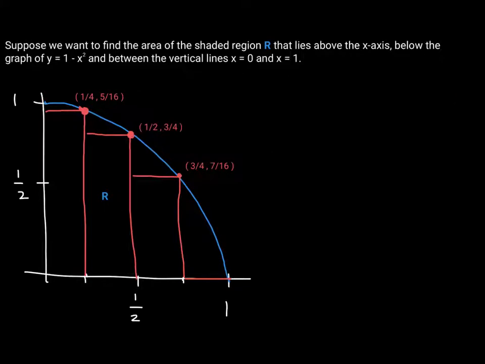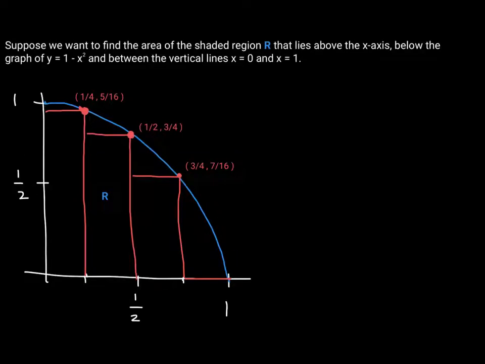So notice here we have 4 rectangles, although the last one has area equal to 0, but we have 4 rectangles technically contained inside the region R. Each rectangle has a base of 1/4, just like before. But the rectangles are shorter and they lie entirely beneath the graph.